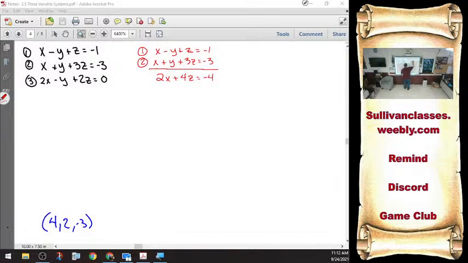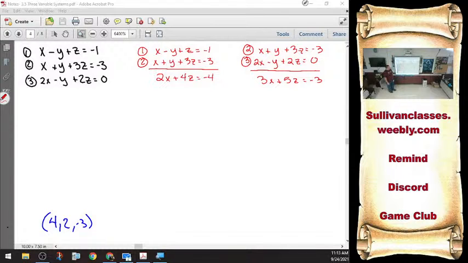I'll take equations 2 and 3. X plus y plus 3z is negative 3. 2x minus y, 2z is 0. Getting 3x plus 5z is negative 3. Cool so far?